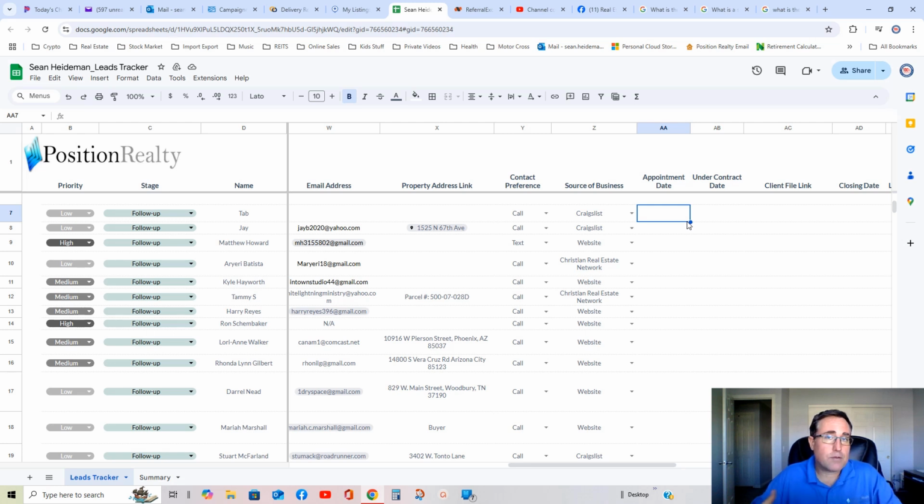Basically, that's our job as a real estate agent: to put them in the sales funnel, nurture them and prospect them, to get them to feel comfortable working with you. And then the sales cycle is the process that you're going through, the how and what you're going to do in order to convert them.